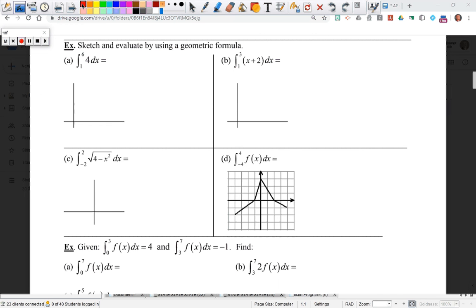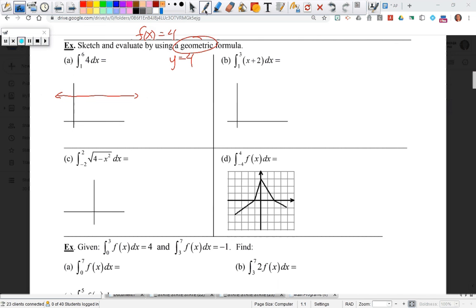What's the function? F of x equals 4. Yeah, f of x equals 4. I like the way Braden said that. You could say it like this, or you could say it like this. If I draw it, y equals 4.